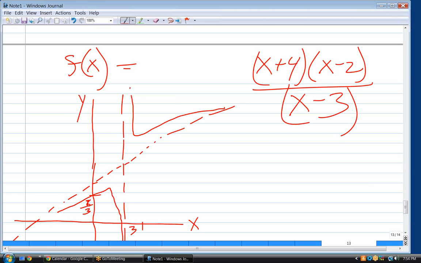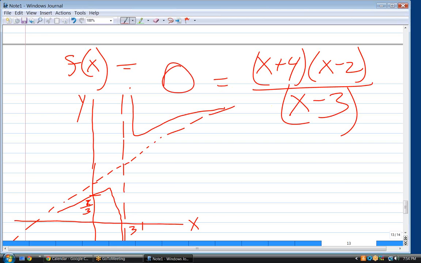What's my x-intercept? Three. There's actually 2 x-intercepts. In other words, whenever you set y equal to 0, the only way a rational function is equal to 0 is if its numerator is equal to 0.